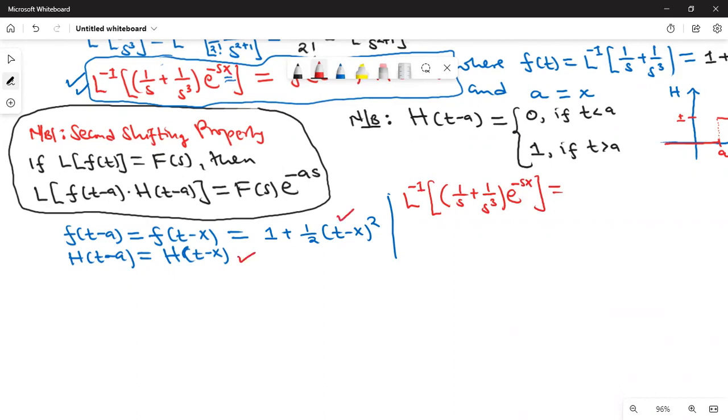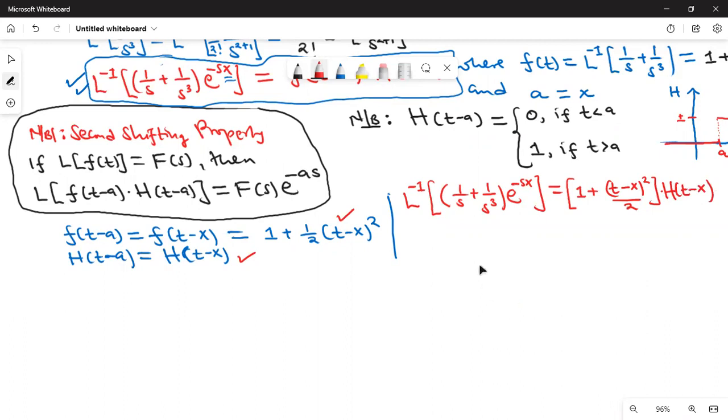So that can now be written as 1 plus t minus x, supposed to be squared, divided by 2, times h of t minus x.